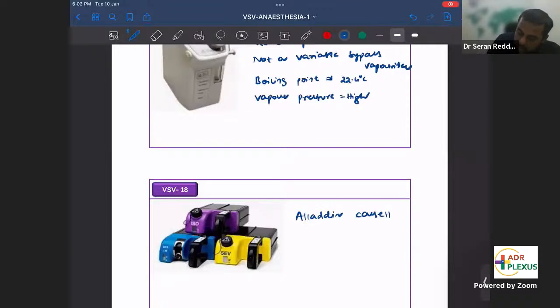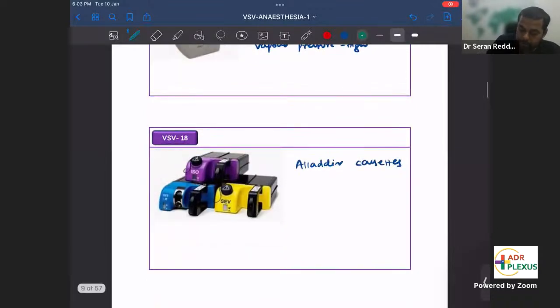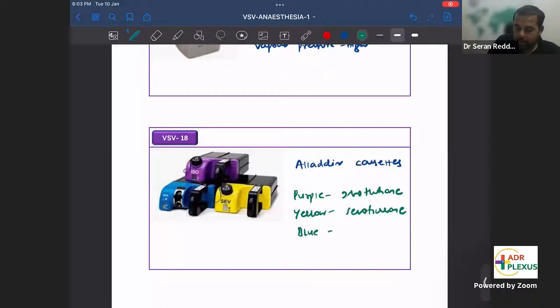Again, the color coding remains the same. Purple isoflurane, yellow sevoflurane, blue desflurane. These are called Aladdin cassettes, a possible image-based question.